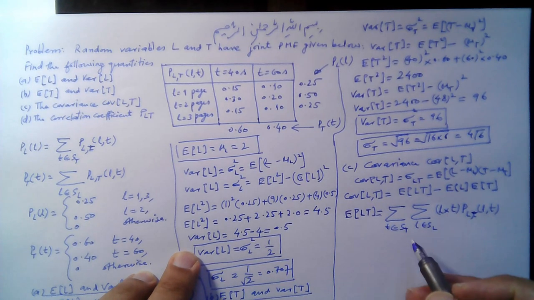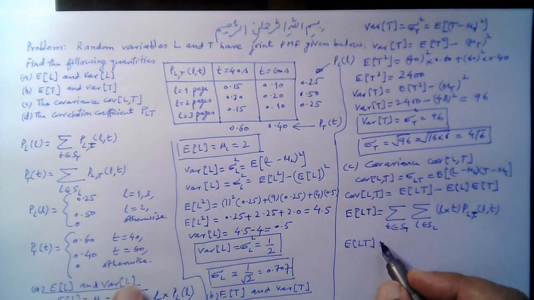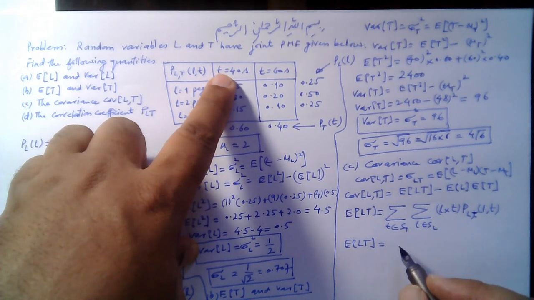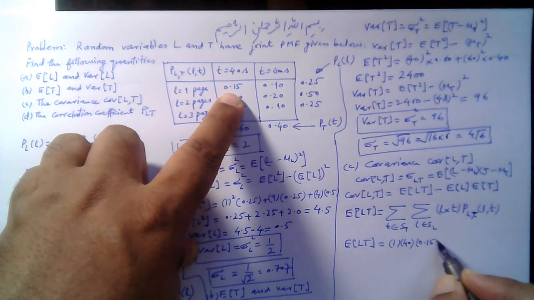So this is best demonstrated by doing it. So expected value of LT is given by, for example, this is 1 and this is 40 here, and this is the corresponding probability value, this is 0.15, right?